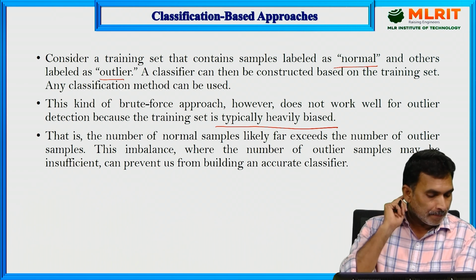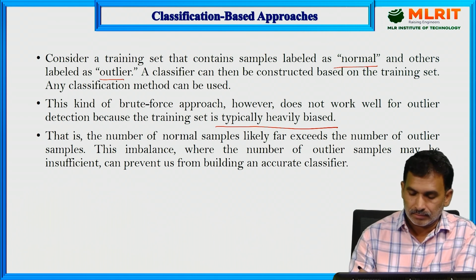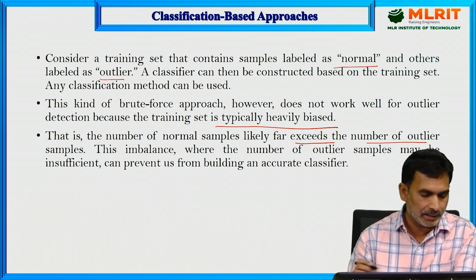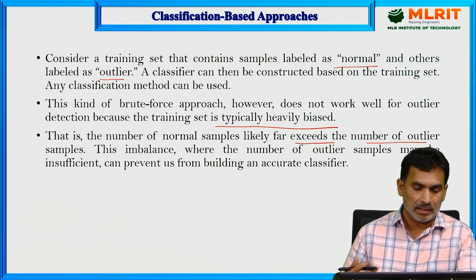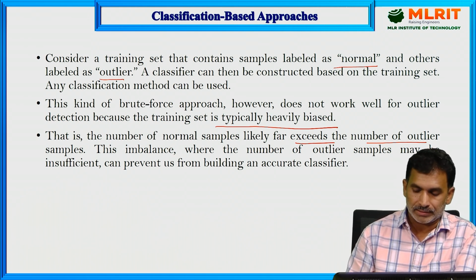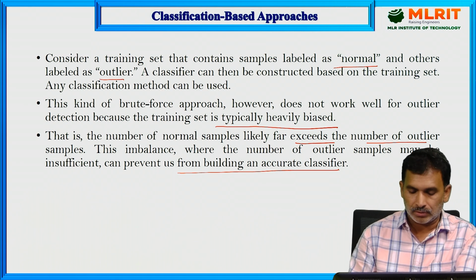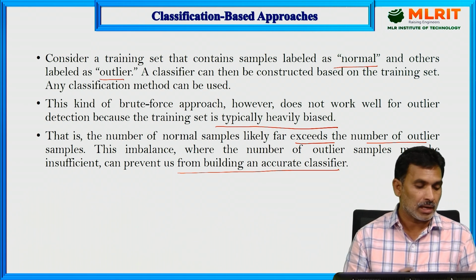So the number of normal samples likely far exceeds the number of outlier samples. There is a heavy imbalance. This imbalance, where the number of outlier samples may be insufficient, can prevent us from building an accurate classifier because there will not be enough information or knowledge about the outliers.